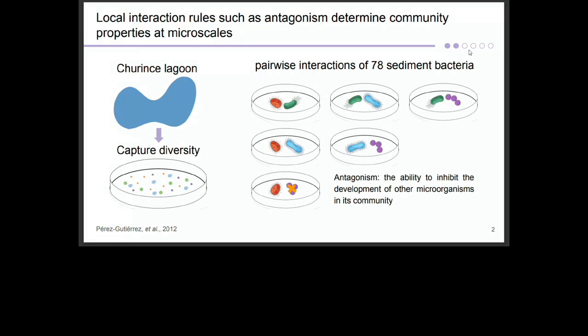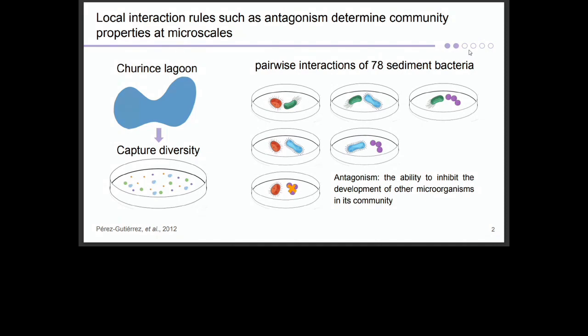She took these 78 isolates and then performed an analysis of pairwise interactions. These diagrams that I'm showing represent what it means to make pairwise interactions of only 4 species. That's the combinations that you have to do if you want to analyze only 4 species. So you can imagine what it's like to have 78.